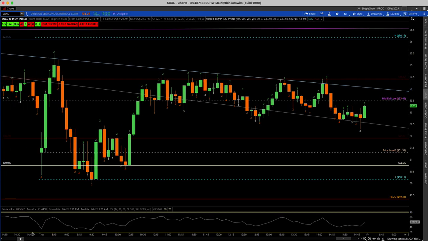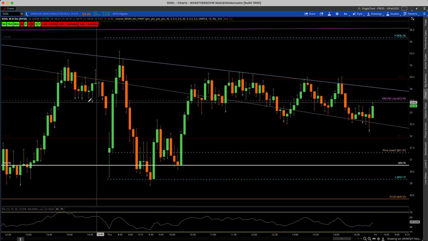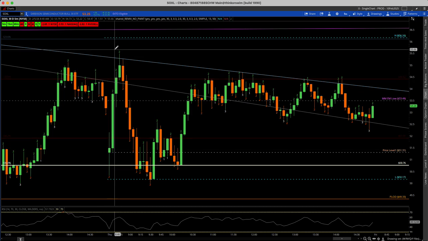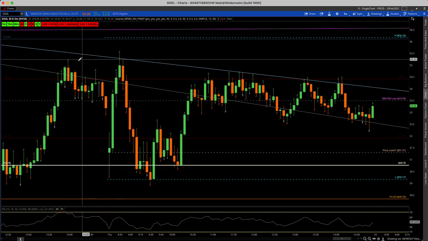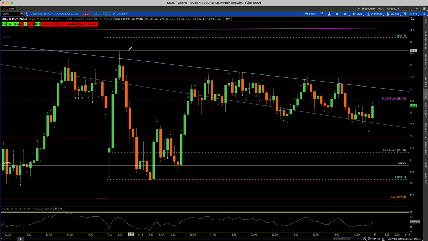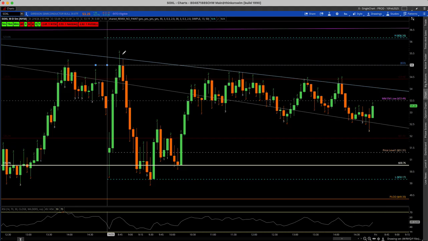So if we look at this from a 5-minute perspective, obviously these are the lows at the end of the day on Wednesday, and we've already gone below those, so we've made a lower low. Then we shot up here and we went higher than the last high on Wednesday. And so we've made a higher high. So we've essentially just made a broadening formation.